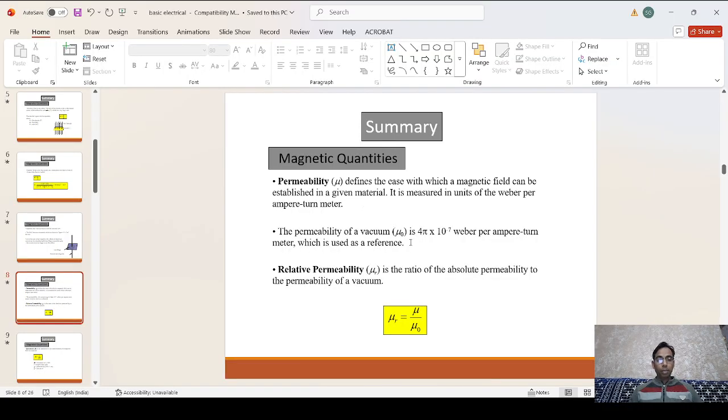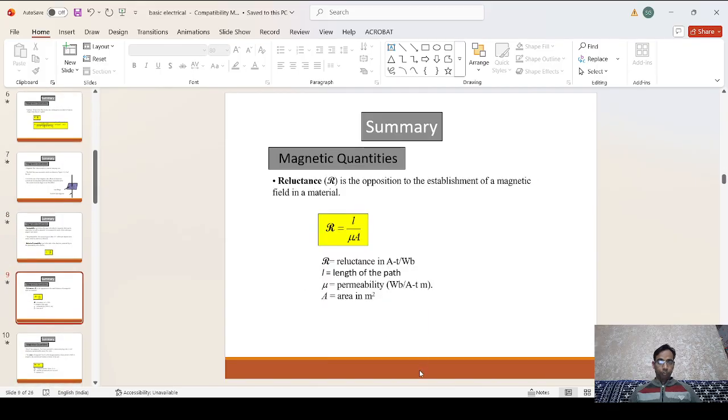Absolute permeability is a fixed value, 4π into 10 power minus 7, and relative permeability is the variable permeability obtained from the relation mu upon mu naught.